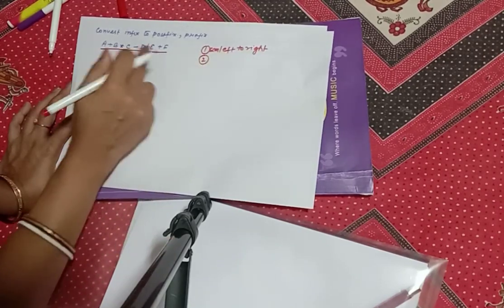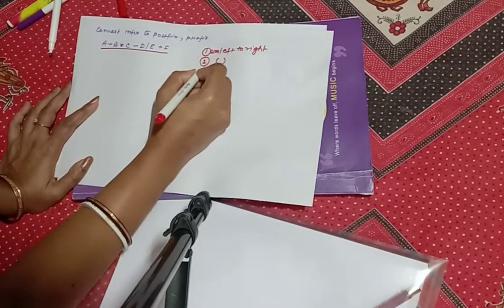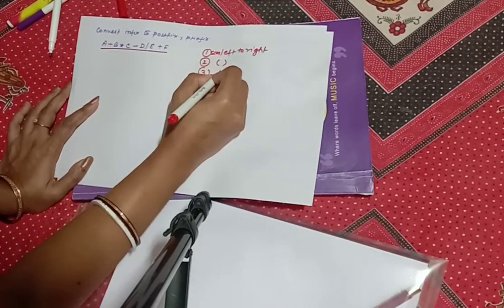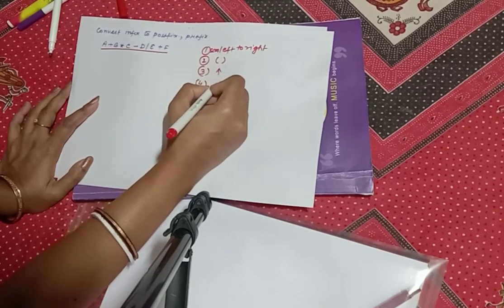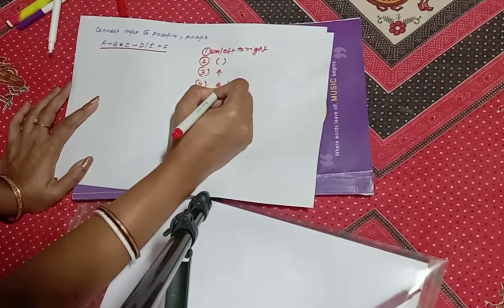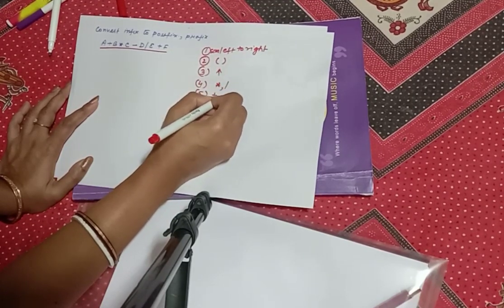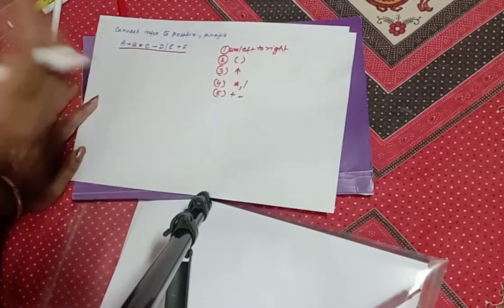The next thing we have to solve is the bracket. Third, exponent. Fourth, multiplication or division. And fifth is the plus or subtraction.